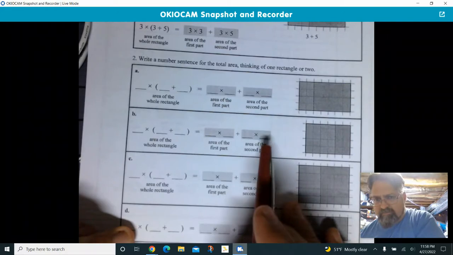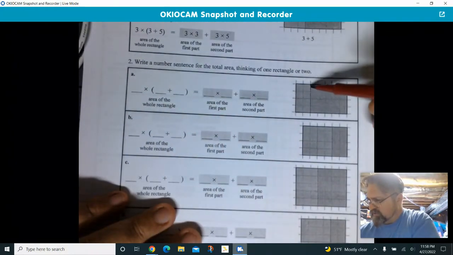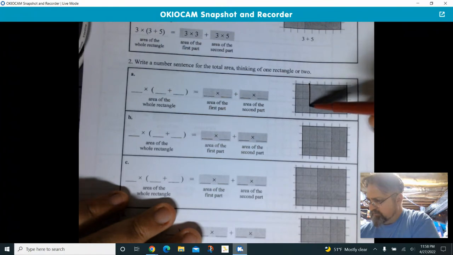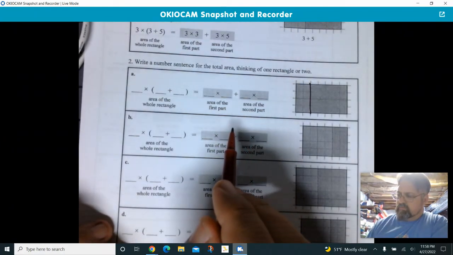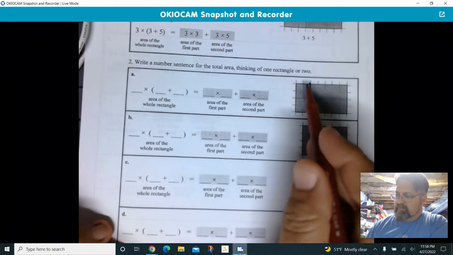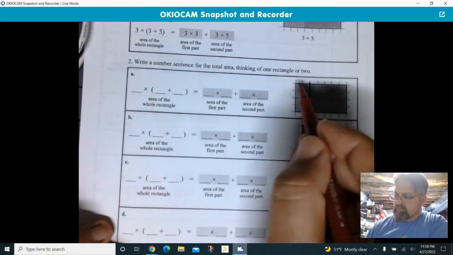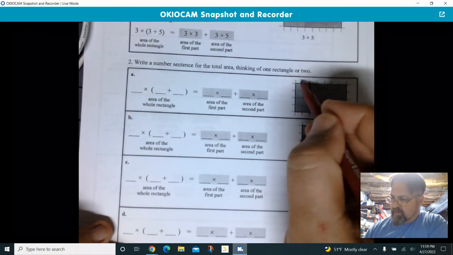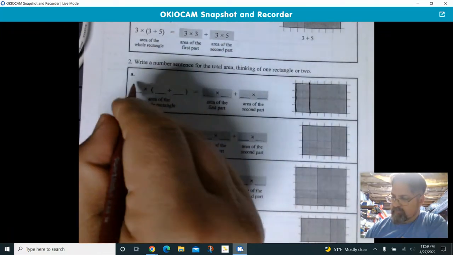Can you see where they have divided this rectangle? Looks like it divides right here. Since they split it here, this one section, that's another section, this first number will be the height. How tall is it? 1, 2, 3, 4.